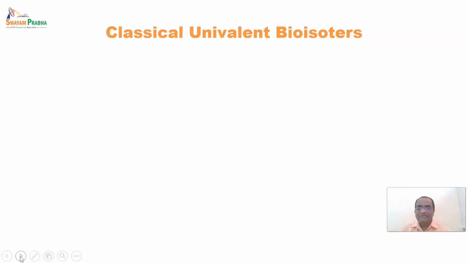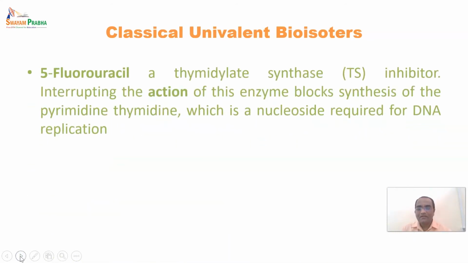Now we'll see examples of classical univalent bioisosteres. 5-fluorouracil, a thymidylate synthase inhibitor, interrupting the action of this enzyme, blocks synthesis of the pyrimidine thymidine, which is a nucleoside requirement for DNA replication.